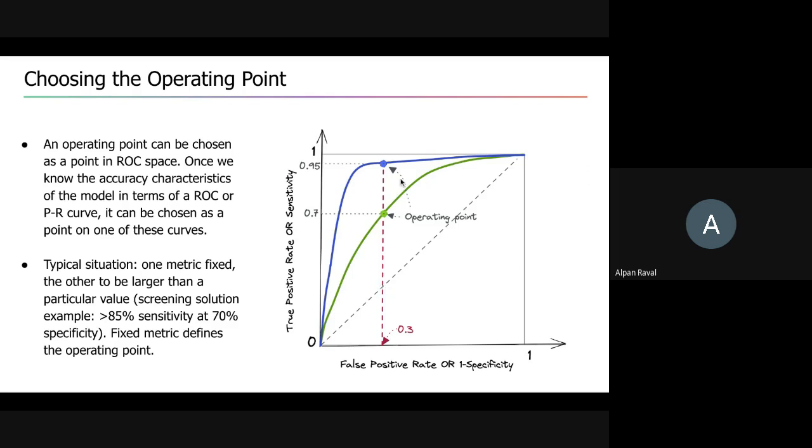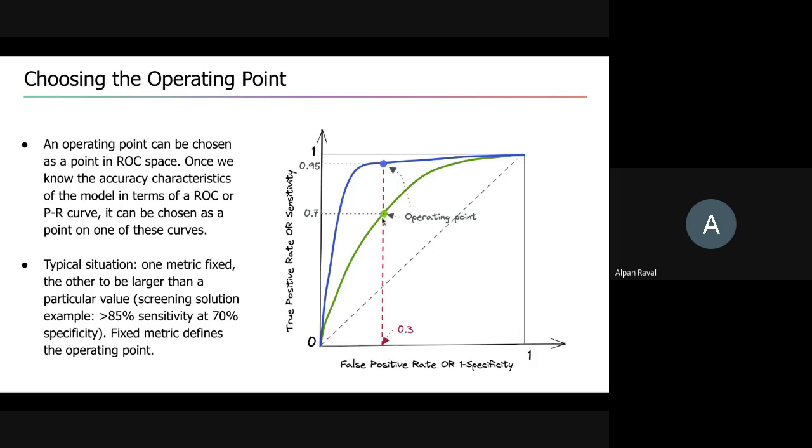Should be obvious, right? Looking at the figure, the green and the blue curves correspond to two different models, and 70% specificity means that 1 minus specificity is 30%, or 0.3.